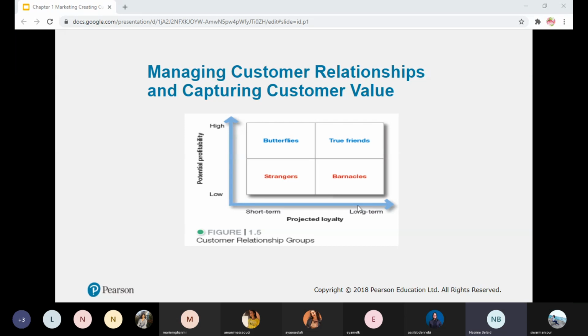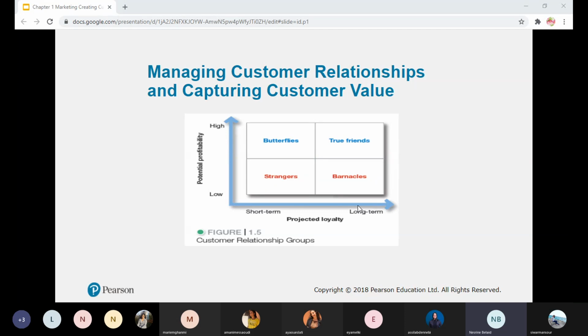Okay, the point here is an important one. Different types of customers require different engagement and relationship management strategies. The goal is to build the right relationships with the right customers.